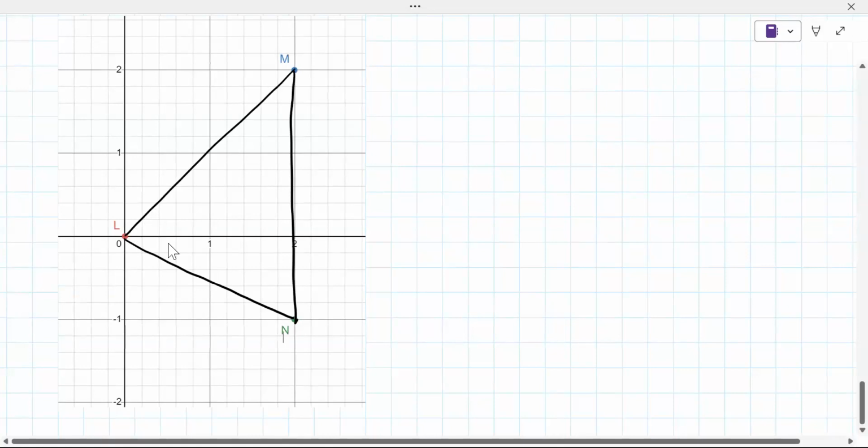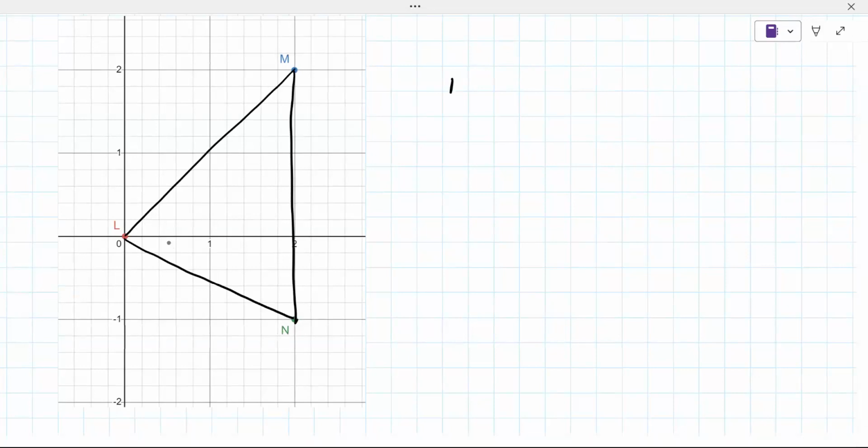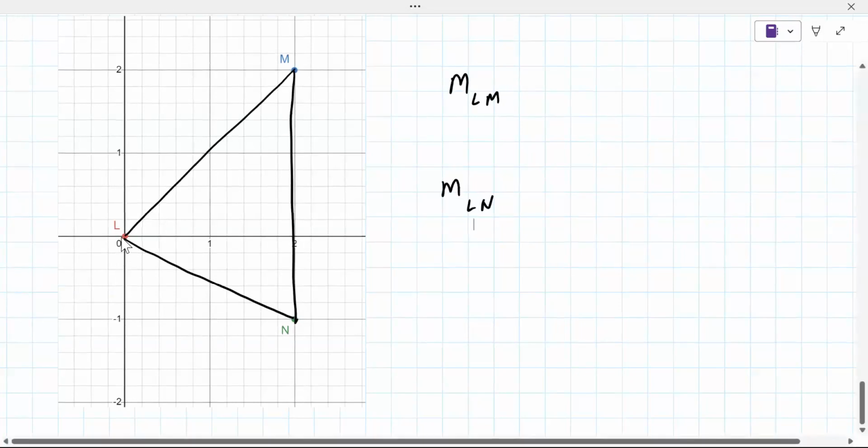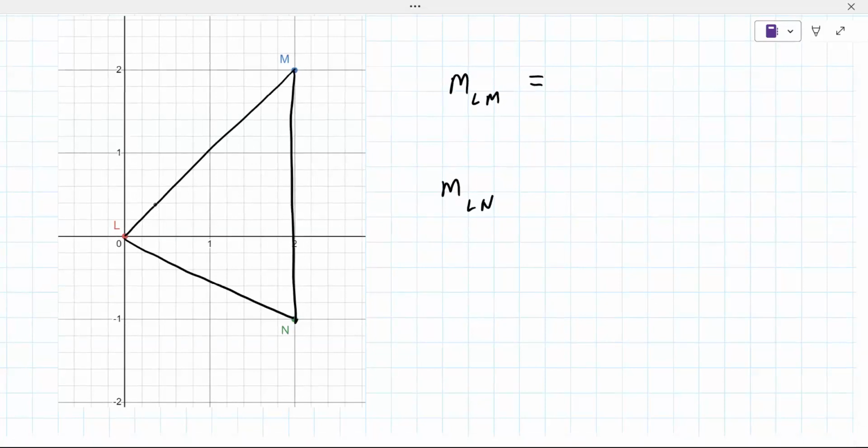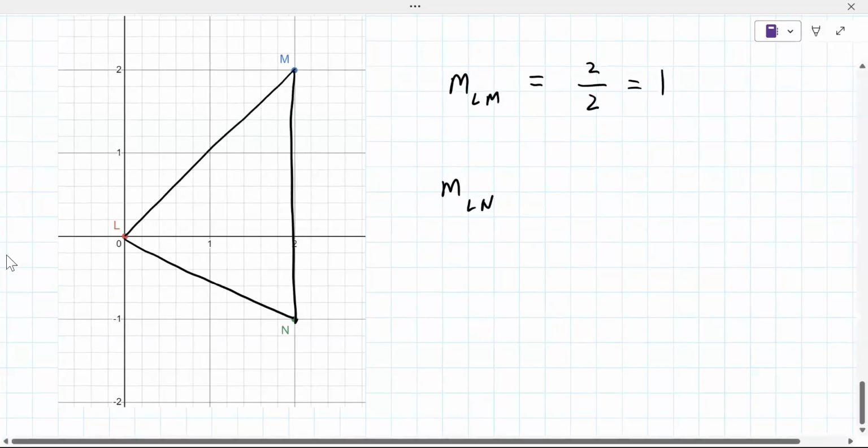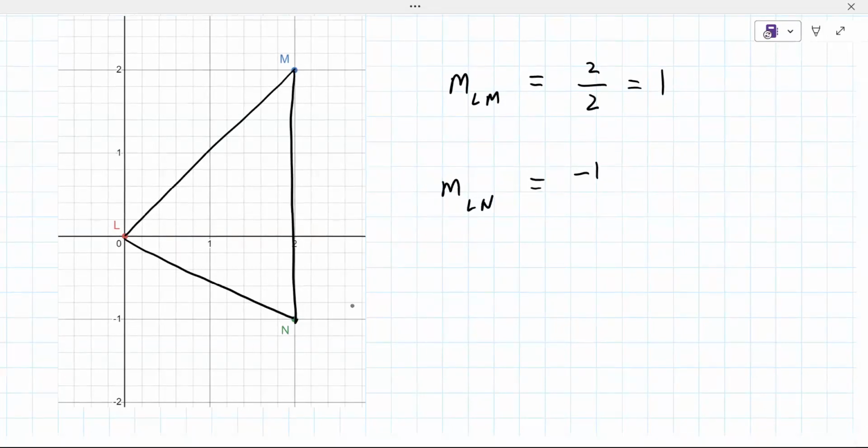Yeah. So to determine if that is a right angle, you have to first find the slope from L to M, and then the slope from L to N. And you can do it either by counting, right? Like the slope from L to M is up 2 over 2, which is 1, right? Up 2 over 2. L to N is down 1, right 2.